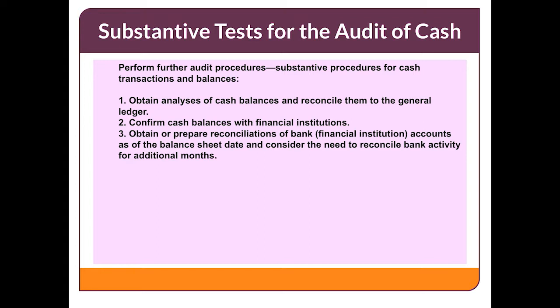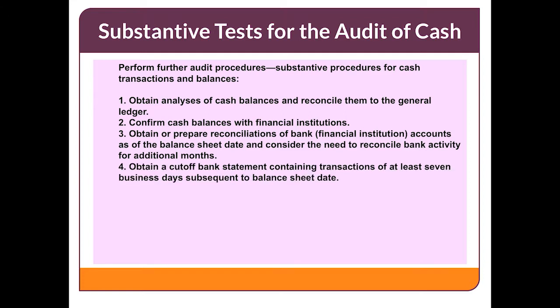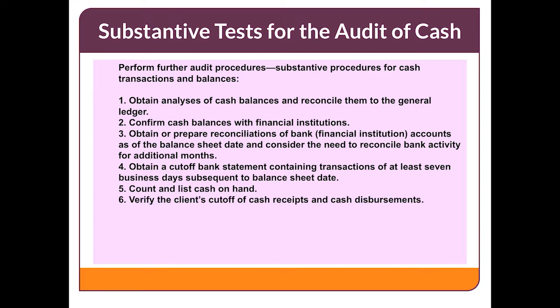reconciliations of the bank accounts as of the balance sheet date and consider the need to reconcile bank activity for additional months. 4. Obtain a cut-off bank statement containing transactions of at least 7 business days subsequent to the balance sheet date. 5. Count and list cash on hand. 6.